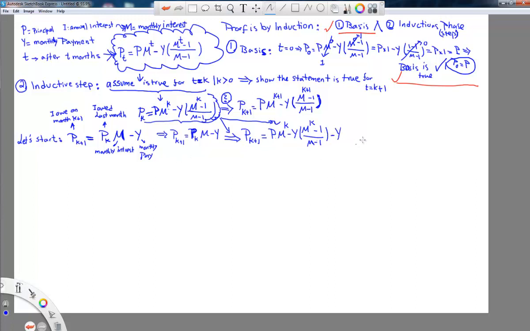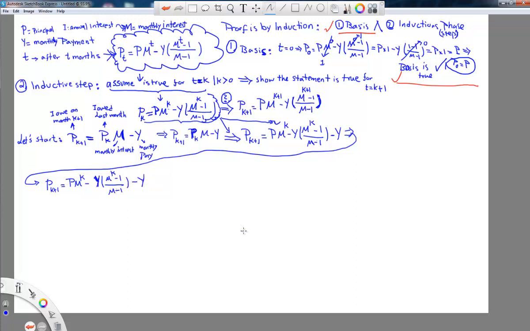Okay, so from here, let's go way back to a cleaner sheet. So P sub k plus 1 is equal to P times m to the k minus y times m to the k minus 1 over m minus 1, minus y. Oh, you know what?